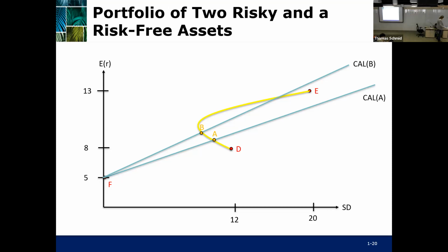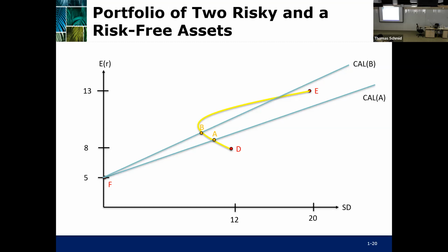So if you think about optimality, let's first think about capital allocation line A versus B. Which one is better? Who likes A more? Nobody. Of course, B is better, right? Capital allocation line B is better. It has a higher slope.